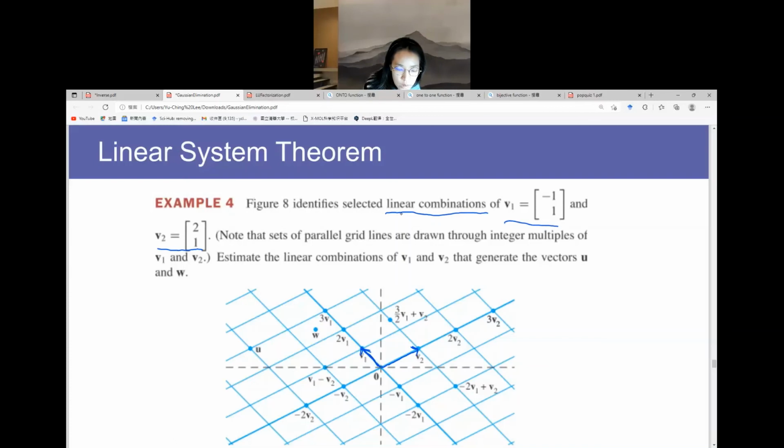And we estimate the linear combination of V1 and V2 that generates the vectors U and W. So U is right here, and W is right here.